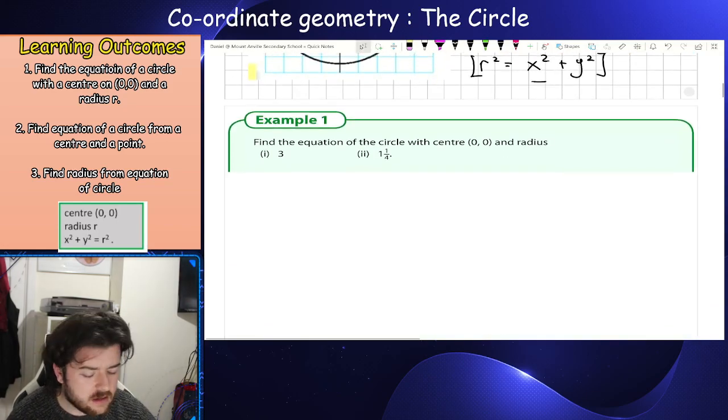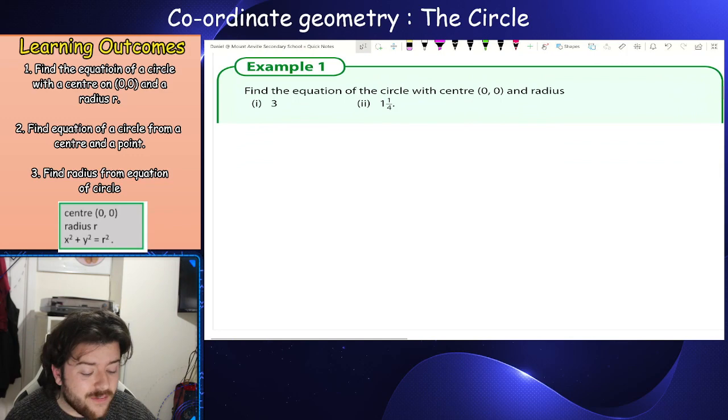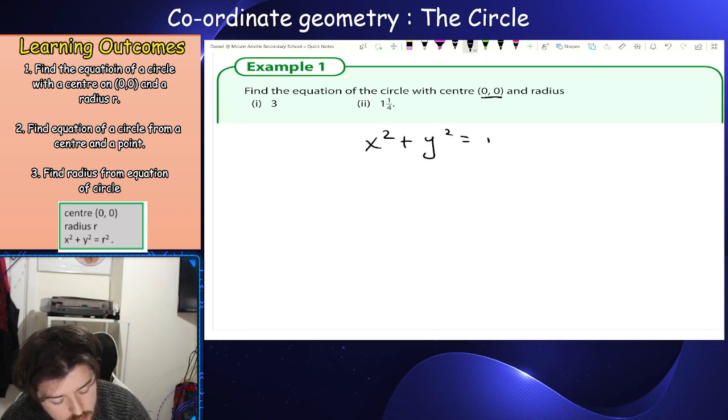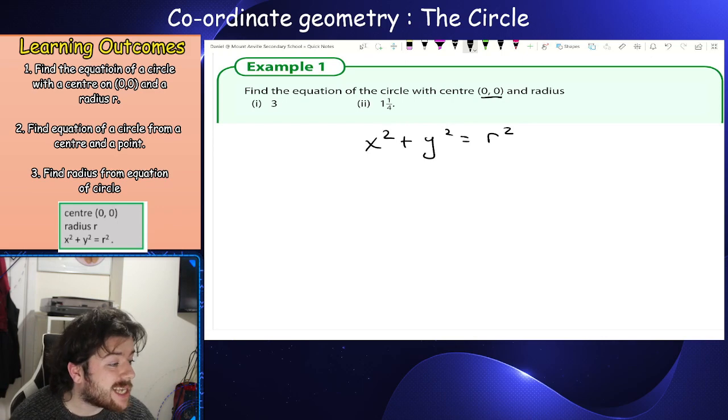Anyway, so find the equation of a circle with center 0, 0 and a radius of 3, and a radius of 1 1/4. So a center 0, 0. I know I can use my formula x squared plus y squared equals r squared. In this case, I just need my radius.